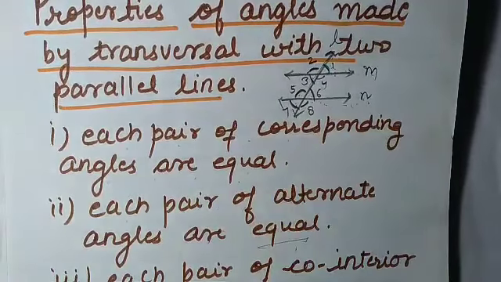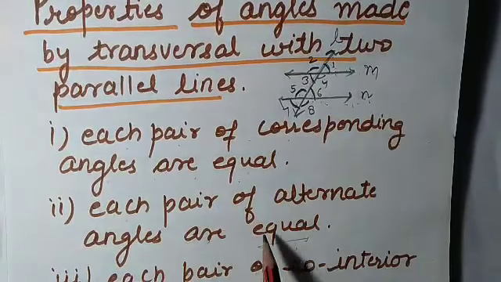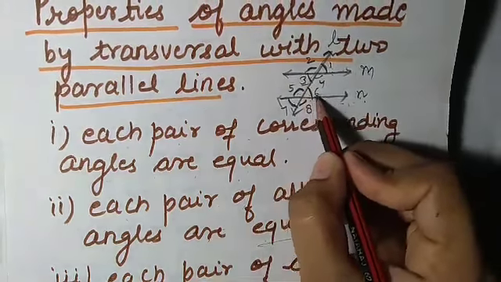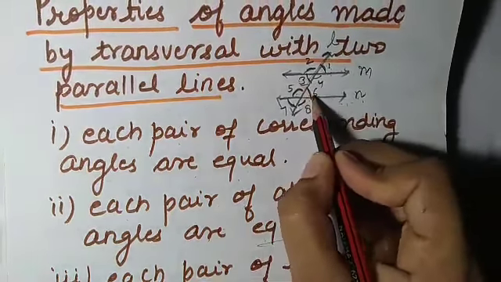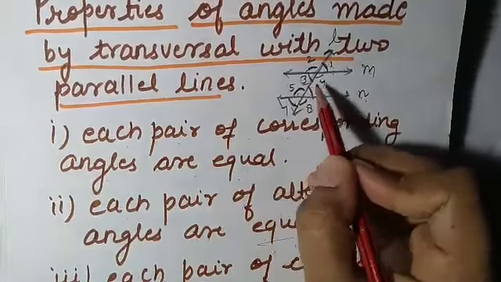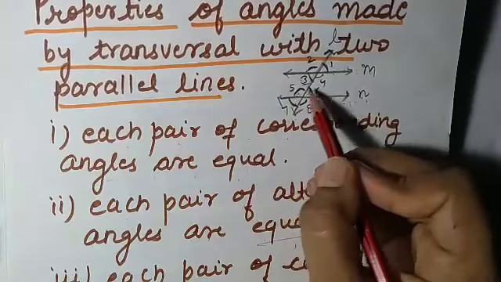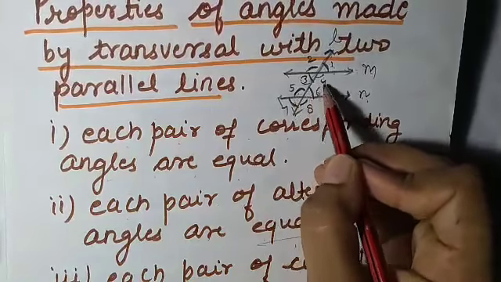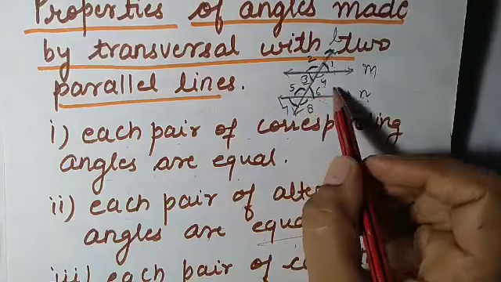These are the angles. Now alternate angles are equal. Angle 3 is alternate to 6. These are alternate interior. They must be equal when lines are parallel. 5 and 4 are also alternate interior angles. They are also equal whenever the lines are parallel.